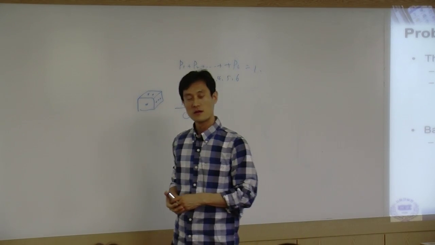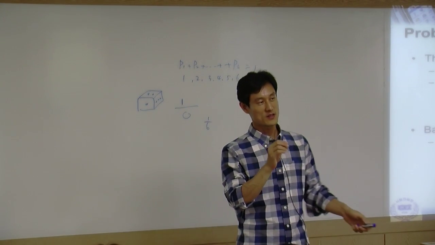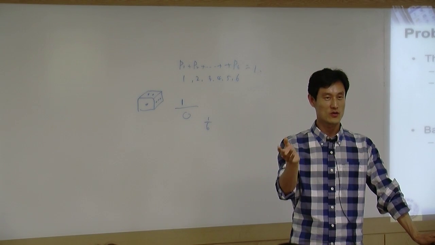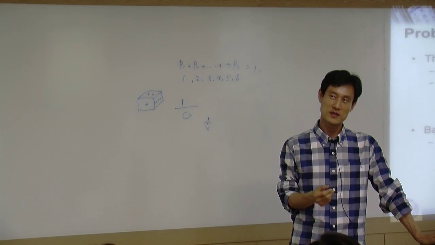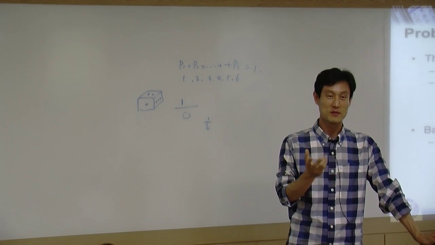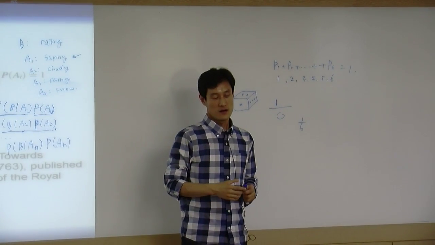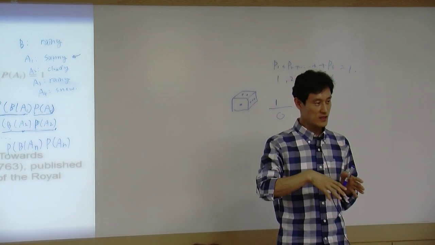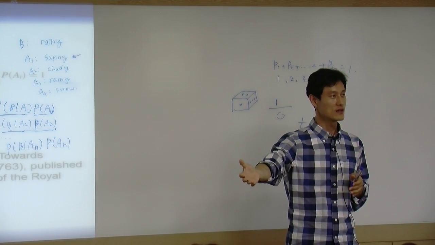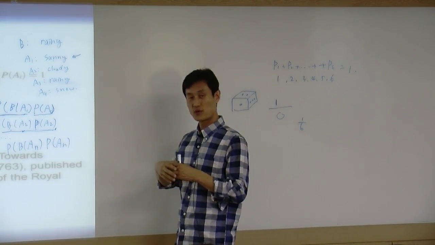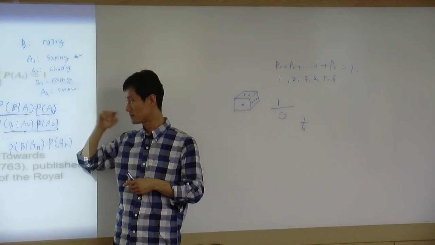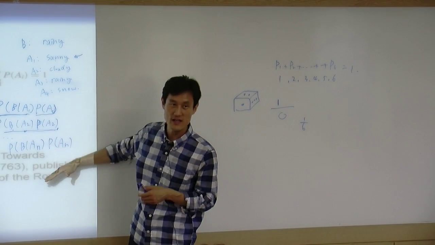But maybe there is a probability that today is sunny but tomorrow is rainy. Maybe the probability is 10%. The probability that today is sunny and tomorrow is again sunny is pretty high. So we're going to consider all these cases.